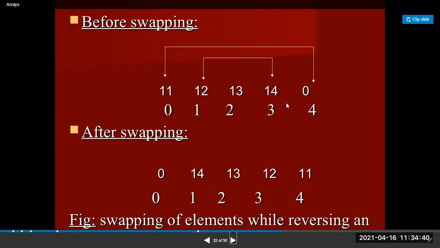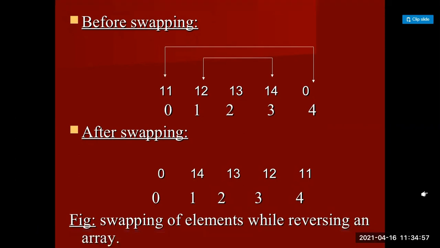First replace the last number with the first index. Next replace the last but one number with the second position value. The middle value has to remain the same. So swapping this way is what we call reversing the elements in an array. Okay, clear.